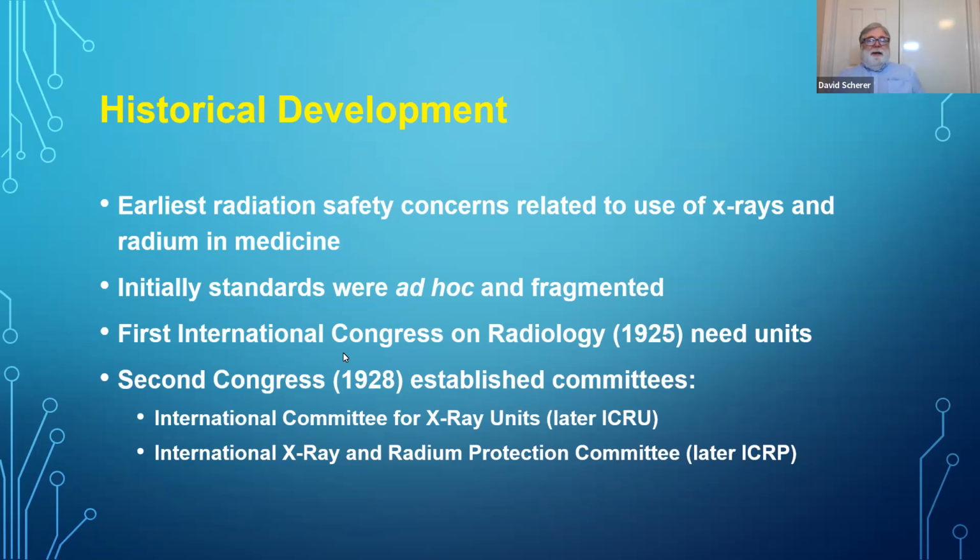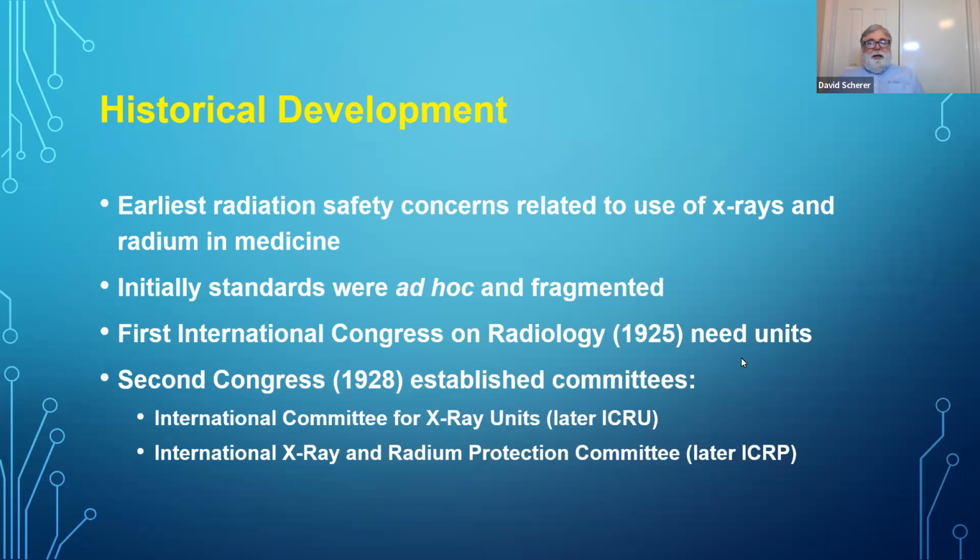And so in 1925, pretty early in the use of radiation, there was a large gathering of people working with radiology, with Röntgen rays in the healing arts. They had the first International Congress on Radiology.